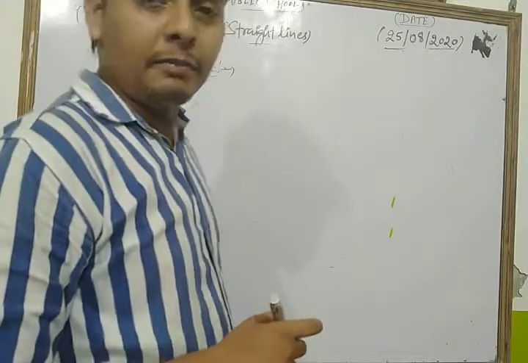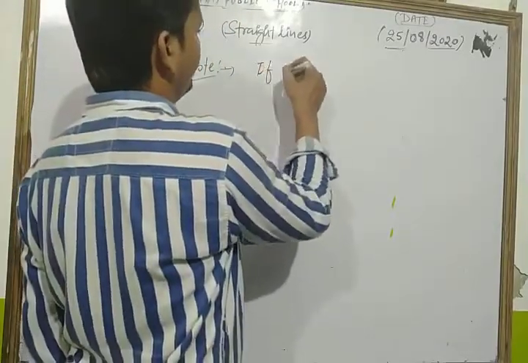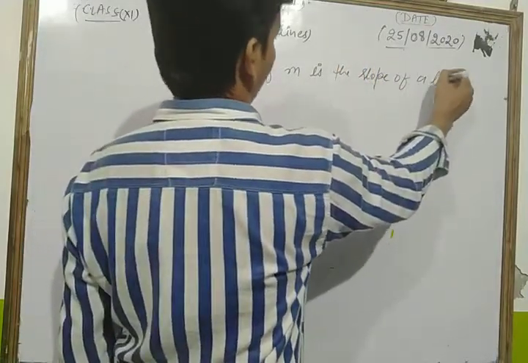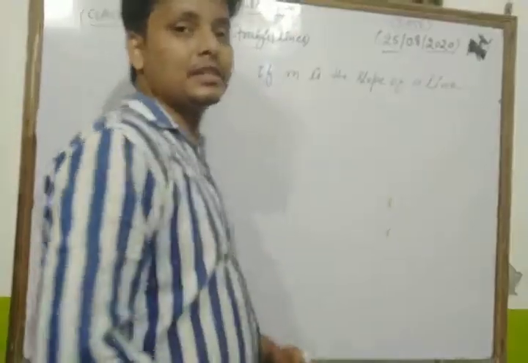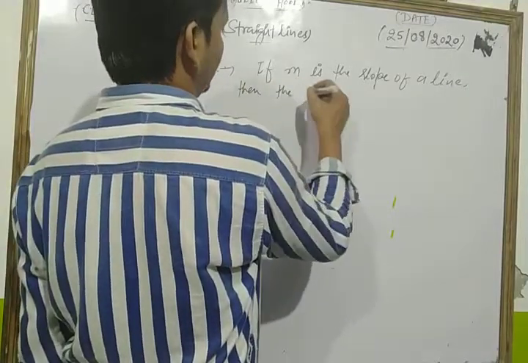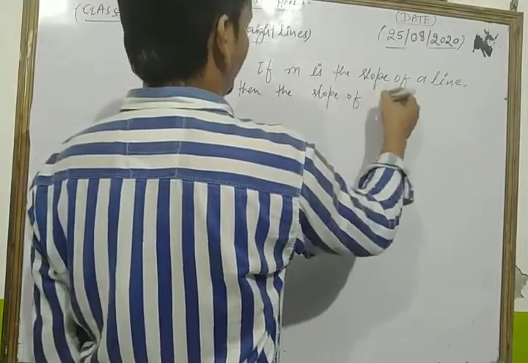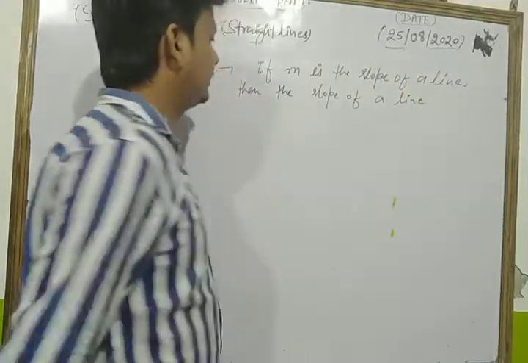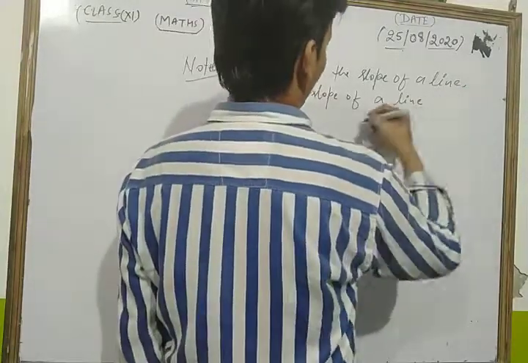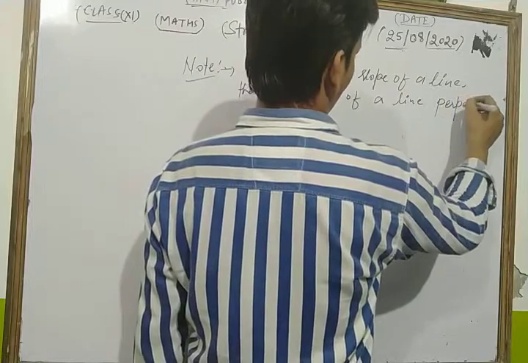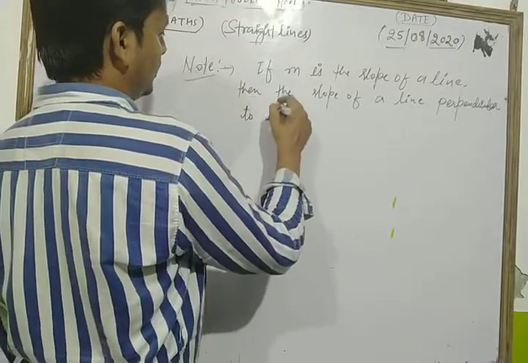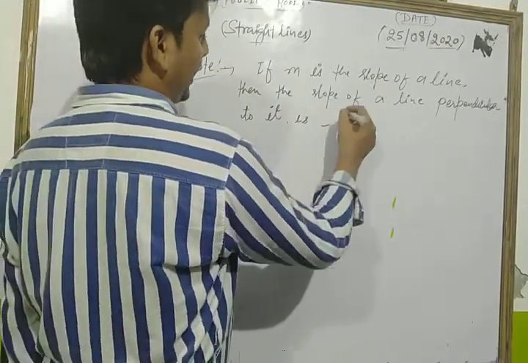Dear student, suppose that m is the slope of a line, then the slope of a line perpendicular to it is minus 1 upon m.